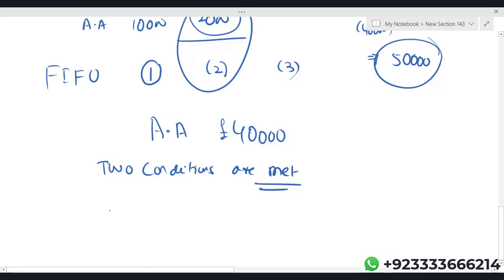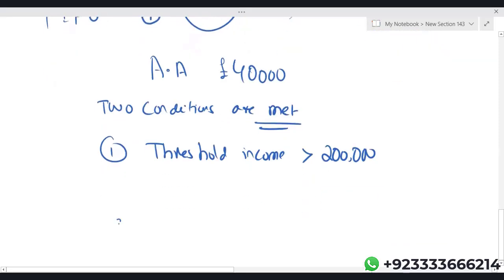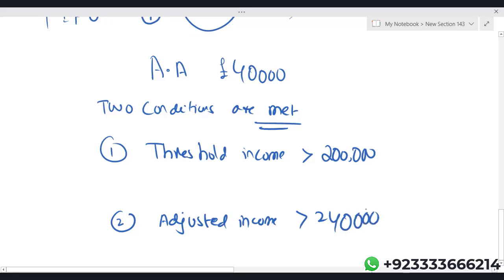Now let me explain. Condition number 1 is threshold income: when threshold income is more than 200,000. The second is adjusted income: when adjusted income is more than 240,000. When both conditions are met, your annual allowance limit will reduce.